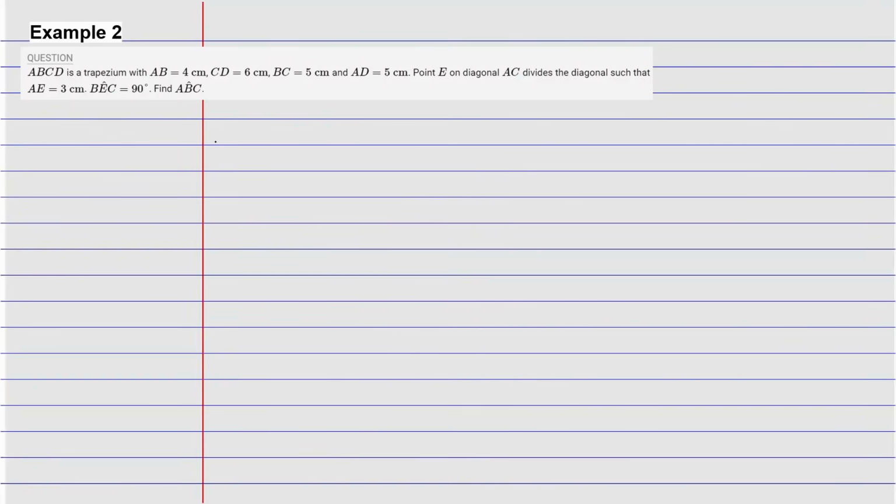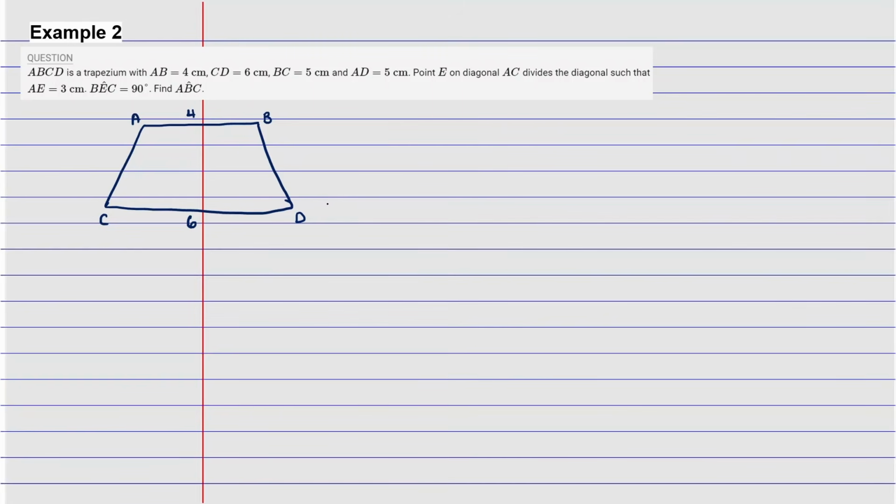So we know that there's a trapezium, and the trapezium looks like this, where the top part is small and the bottom part is big, right? So this is going to be A, B, C, D. We know that AB is equal to 4, which is the small part. Then CD is equal to 6, which is the big part, right?